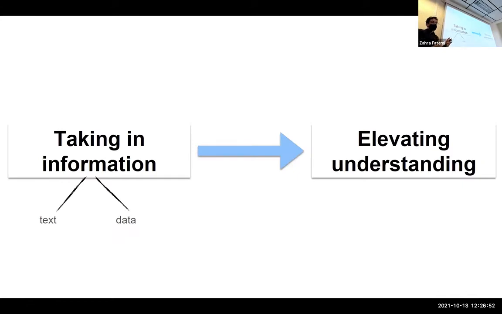These secondary tasks basically are interactions that you can perform with text, and they help us move from simply taking in the information to actually elevating our understanding of it. So that's for active reading of text. And of course, the question is: is there a parallel that we can make with visualization? Do we actively read visualizations the same way that we actively read text?